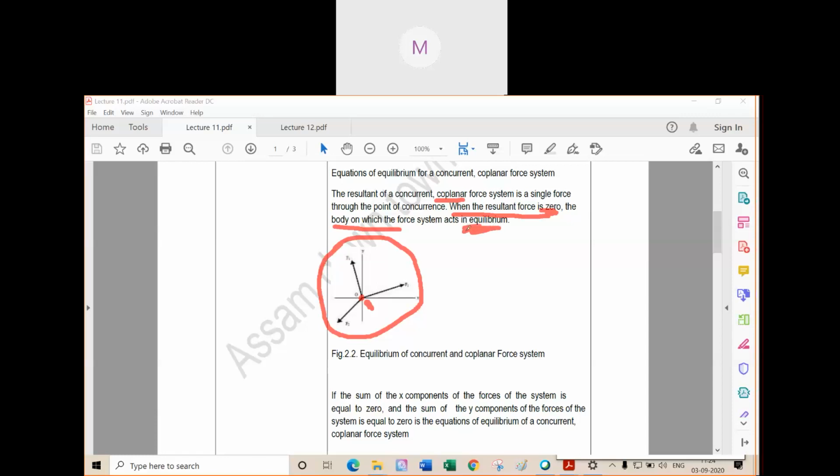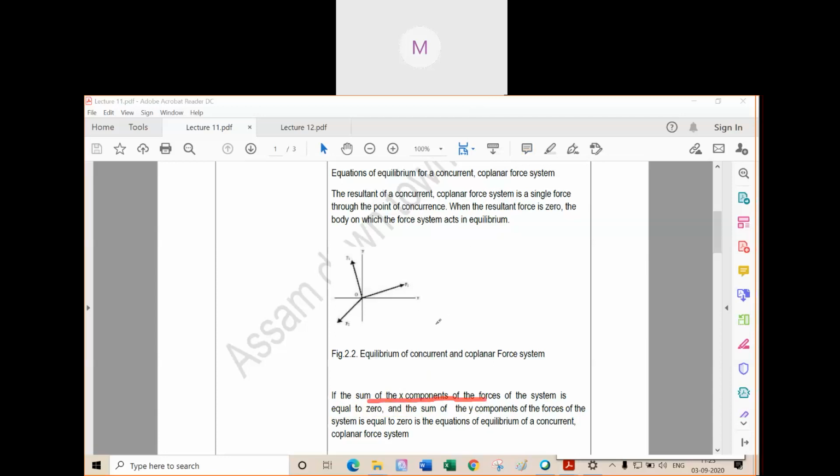Now let us define it in a different way. How will you know that something is in equilibrium? In order to know that some forces are in equilibrium, we take the sum of the x components of the forces.